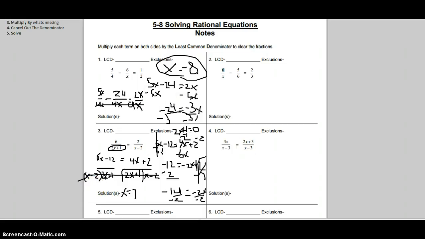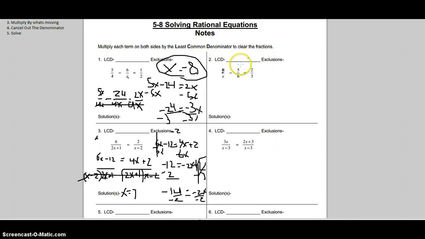Clear some room. Alright, no, wait. The answer would be negative 1/2 for this side. And x minus 2 set equal to 0 would be 2. So there you have it.